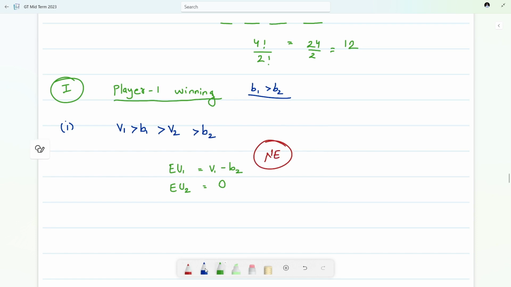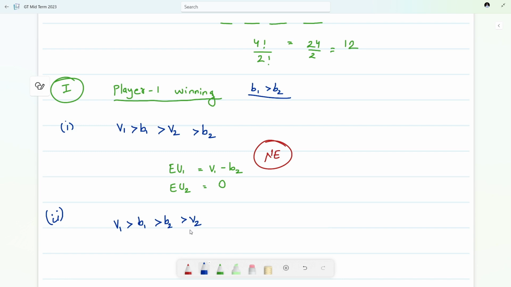Okay, now let me take another case. What can be the next case? It can be V1 greater than B1 greater than B2 greater than V2.